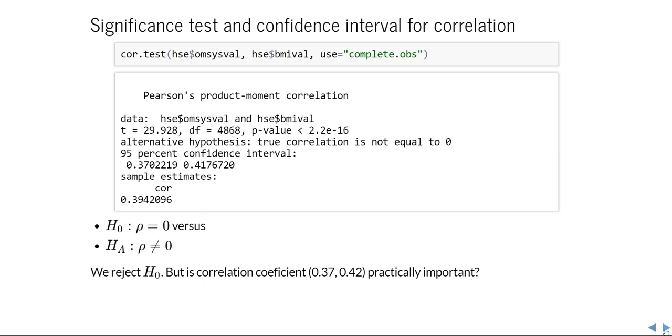And knowing all the caveats and cautions there are around interpreting correlation coefficients as a single number summary of a complex relationship between two variables, you've got to decide whether 0.37 to 0.42 is practically important. And that's everything we really said about the correlation coefficient. So I will stop this video here, and we'll have a second video that looks at regression.